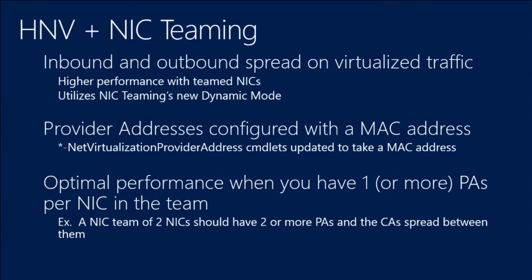And we also make sure that when you deploy Hyper-V, the traffic will be spread across the team members. The way we support it is that when you configure the provider address, we allow you to configure the MAC address, because the MAC address will be taken into consideration when NIC teaming does the load balancing, does the hashing.